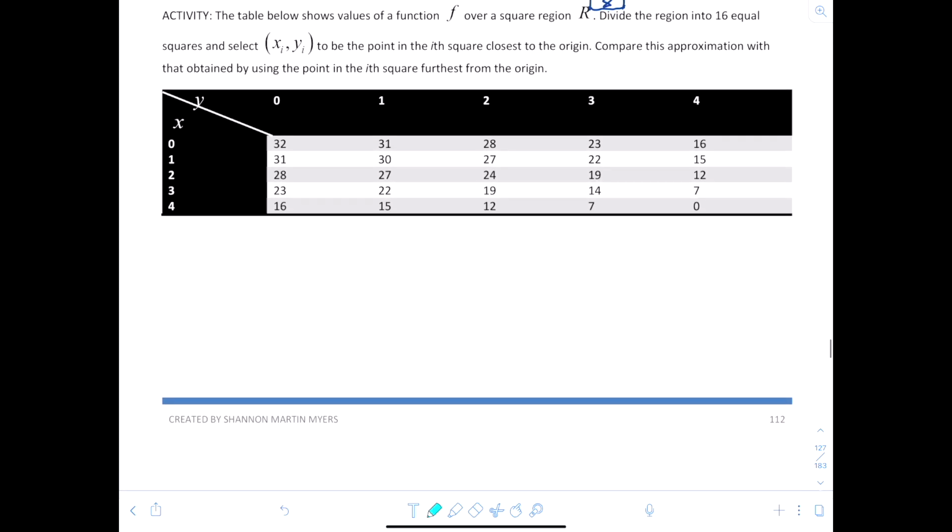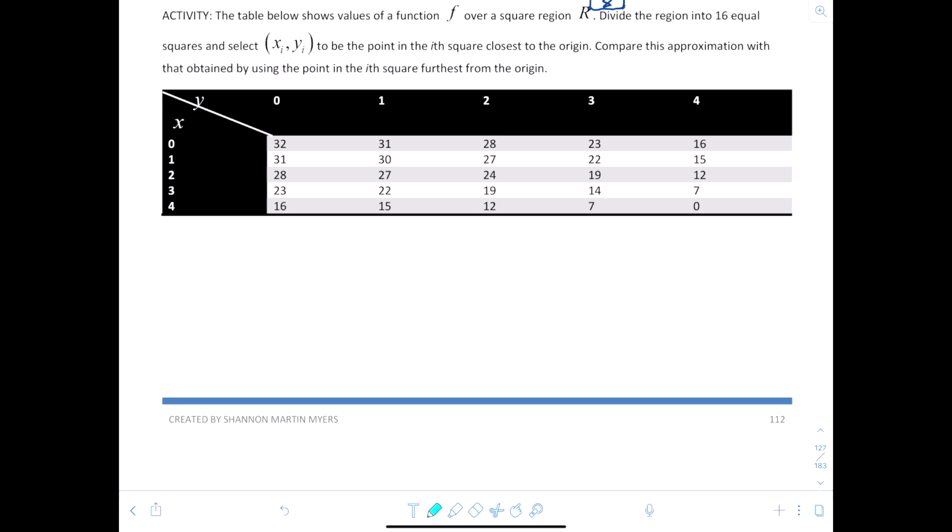Okay. So let's go ahead and take a look at this one. This is just a reminder of how the more rectangular prisms that you use, the better your approximation is going to be.